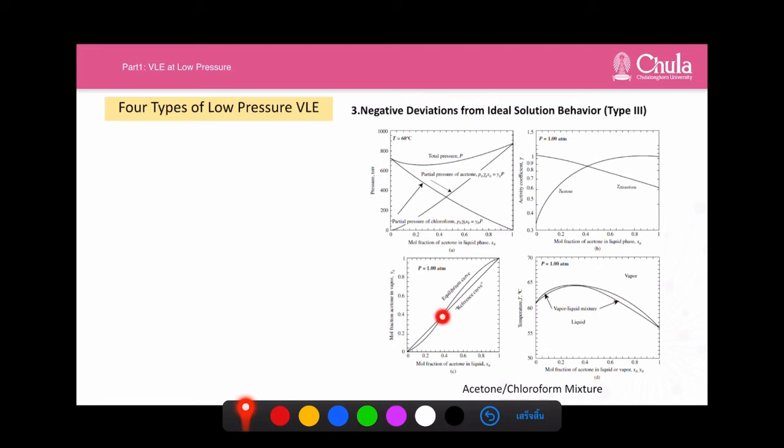Because the composition in liquid phase is similar to what we found in vapor phase, right? We induce vapor phase, but the vapor phase has the same composition as the liquid phase, so it's useless.